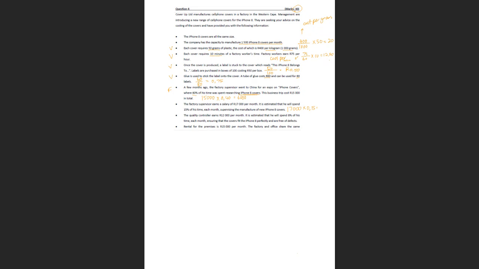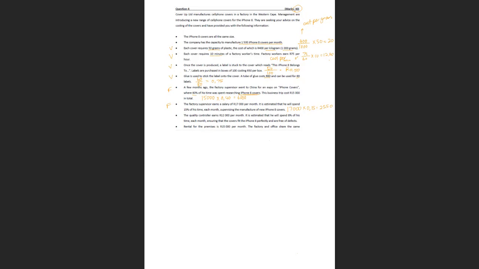The remainder of the amount is not going to be applicable to this item being produced. So this would then be 2,550 Rand. And this is also fixed in nature because the factory supervisor's salary is not going to be affected by how many units are being produced.